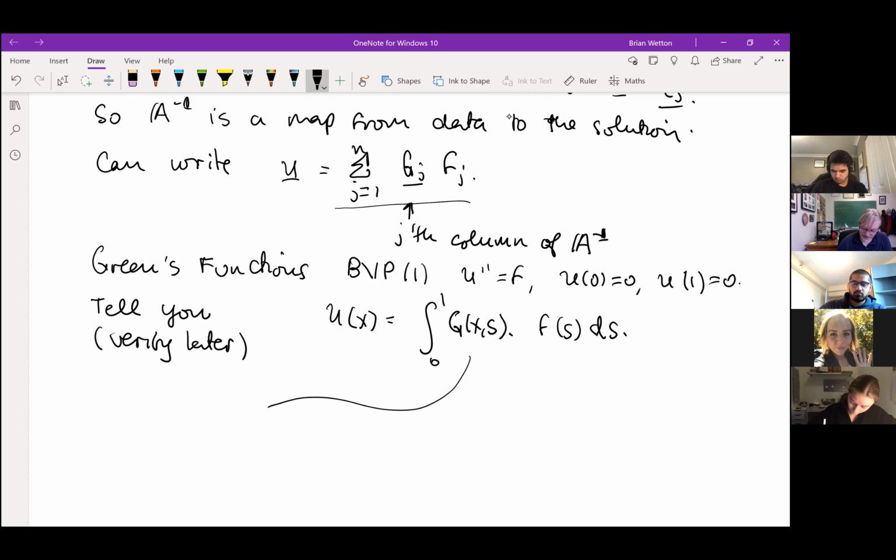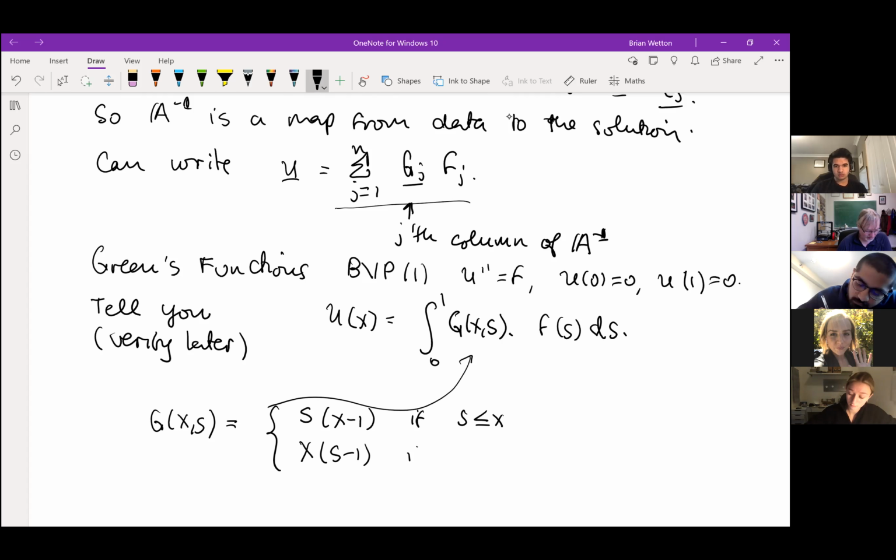Okay, and the G that works is s times x minus 1 if s is less than or equal to x, and it's x times s minus 1 if s is greater than or equal to x.